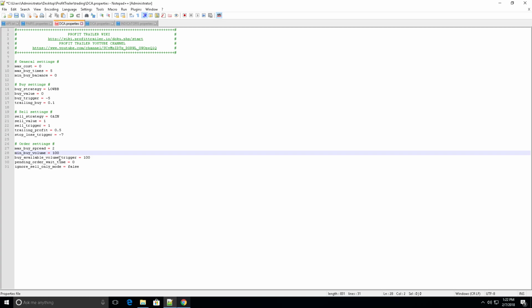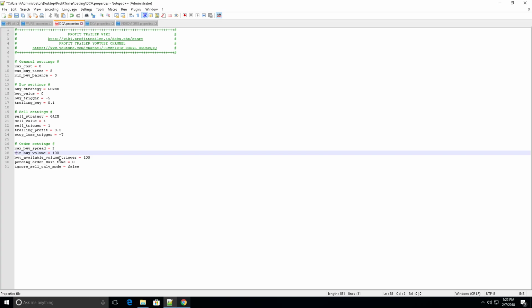So let's say you buy NEO and NEO goes into the DCA log, and now it is looking to buy more NEO because NEO is falling in price, and all of the requirements to DCA down NEO are now met. So now it's, let's say, looking to buy 10 NEO.